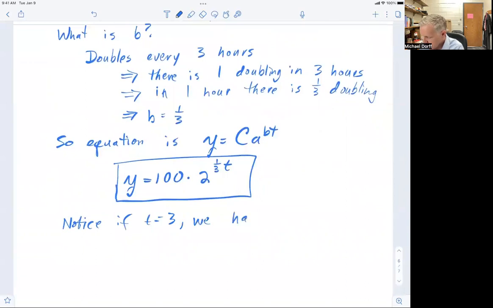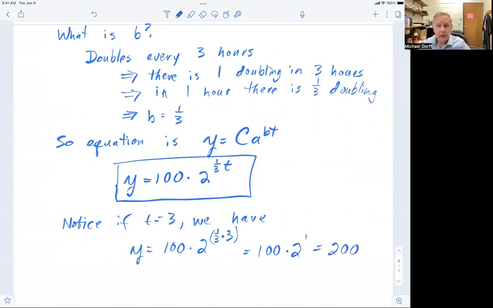We have y equals 100 times 2 to the 1/3 times 3 power. So that's 100 times 2 to the first power, or 100 times 2, which is 200, right? And which is what we got after 3 hours, with t equals 3, we have 200 bacteria.